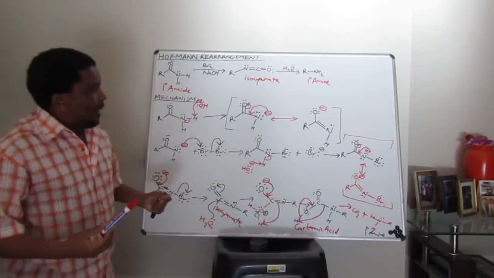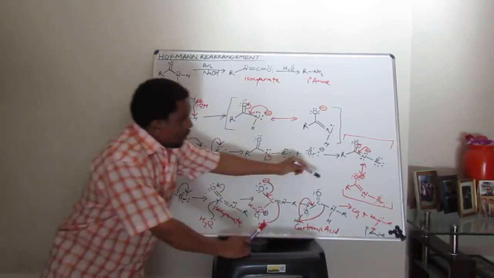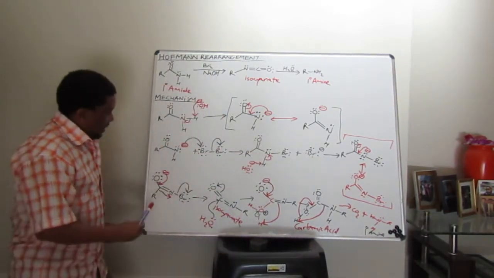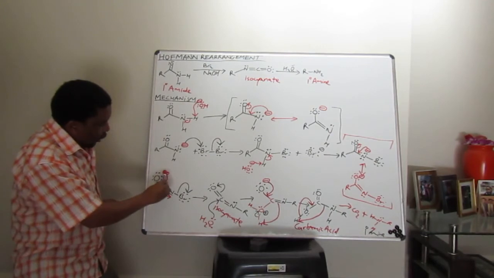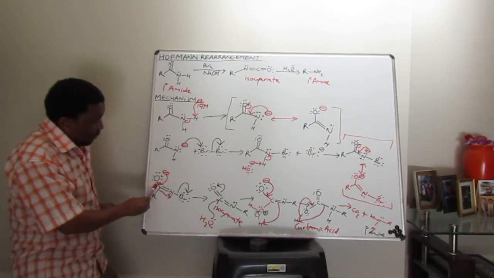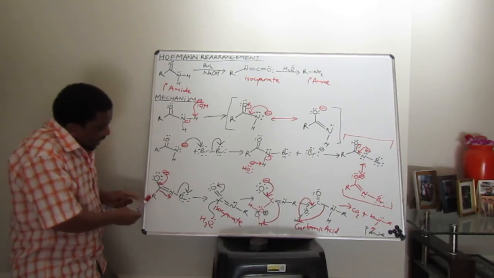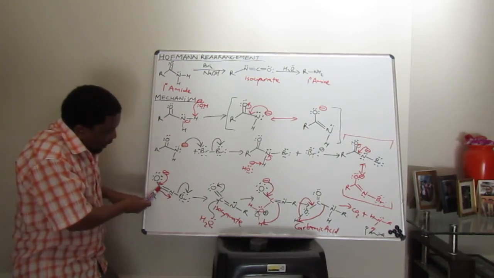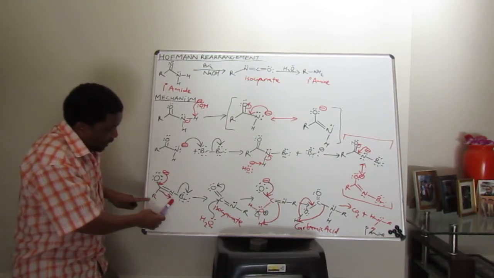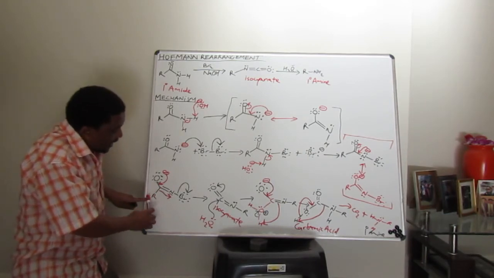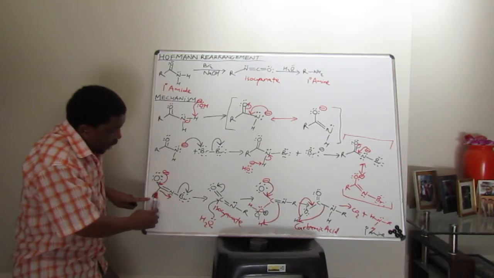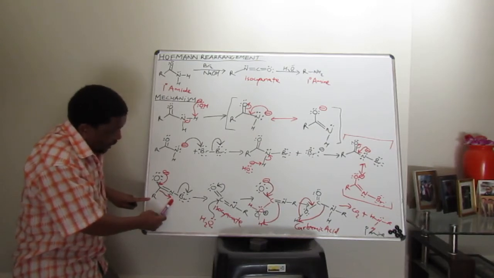Now, what then happens is that as this draws back to reform the double bond with your carbon atom, this R group that is bonded to this carbon atom shifts position, it migrates, right, to the nitrogen atom.